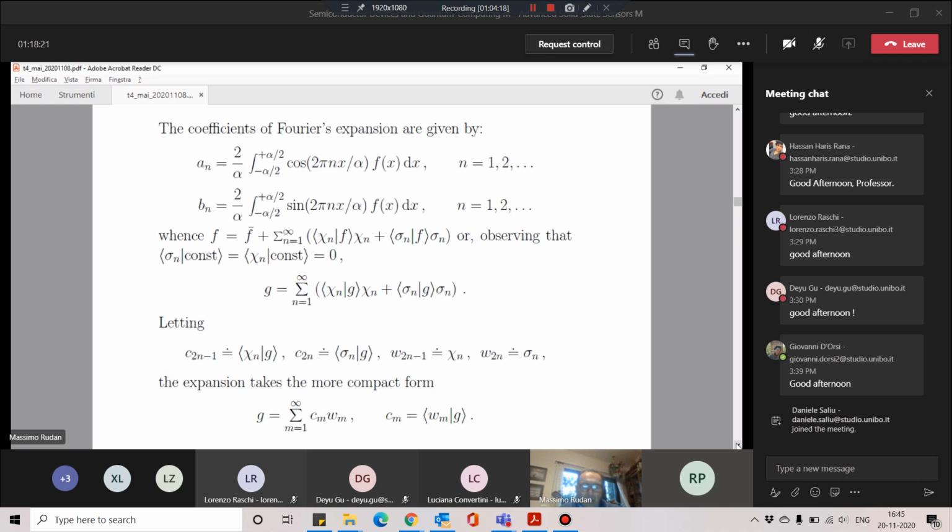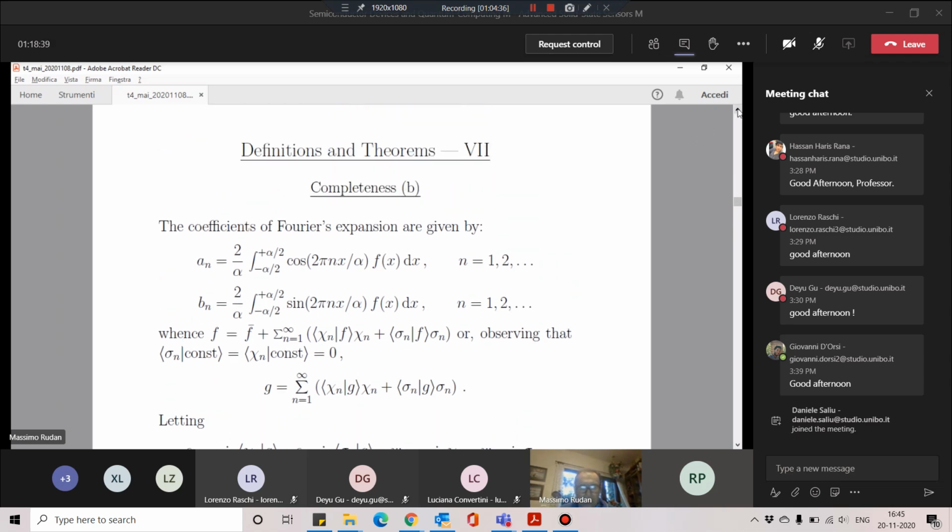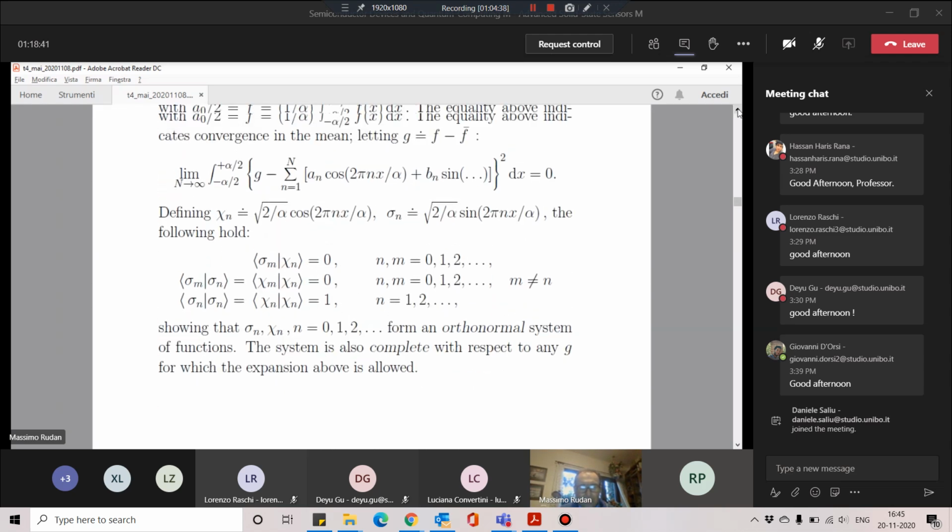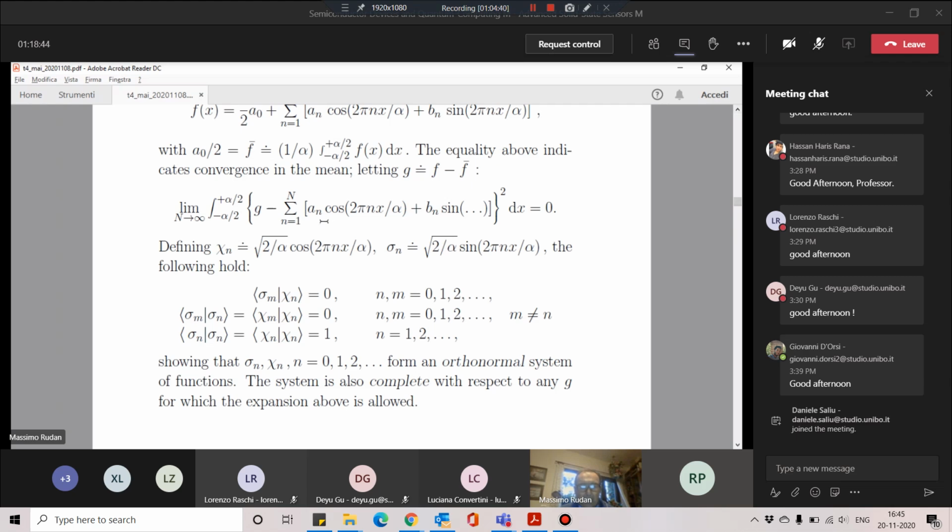So we can call an, we can call it chi n scalar product f. And then we go back to the original form of the Fourier series, okay? An, that is the scalar product, is in turn multiplied by the cosine that is proportional to chi n, okay?